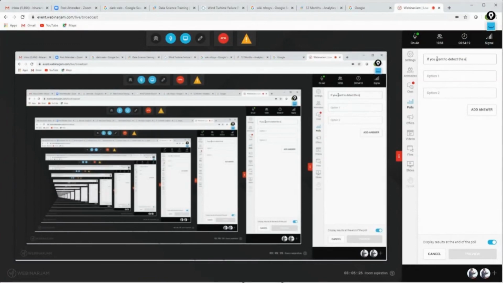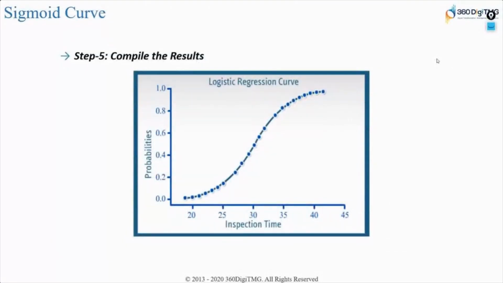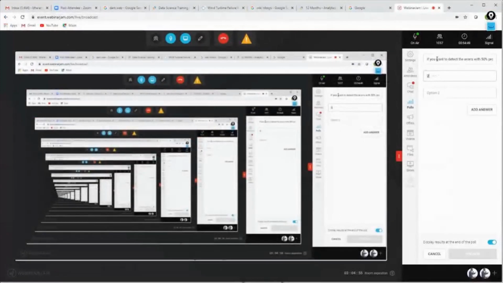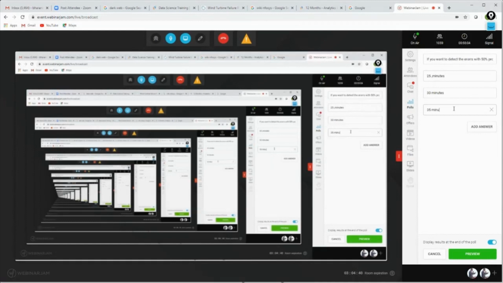If you want to detect the errors with 50% probability, then how much should the minimum inspection time be, in minutes?